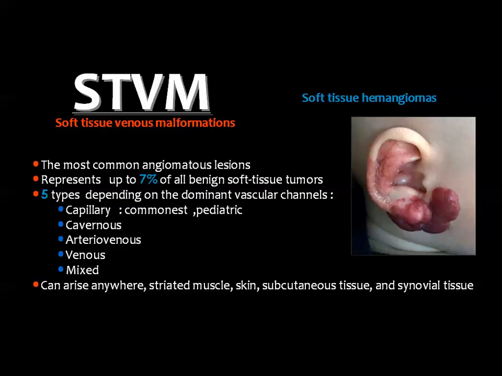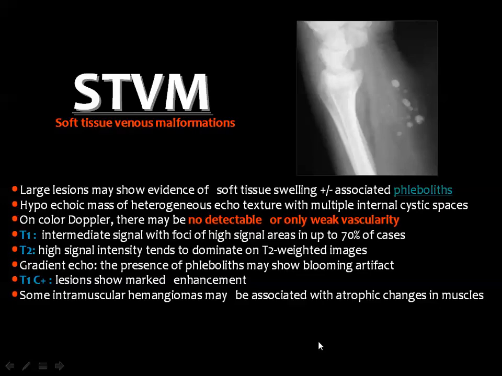The hemangioma is one of them, and it is of two types: the capillary, seen in the pediatric age group, and the cavernous, seen in the adult age group.